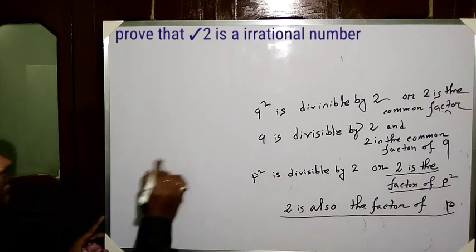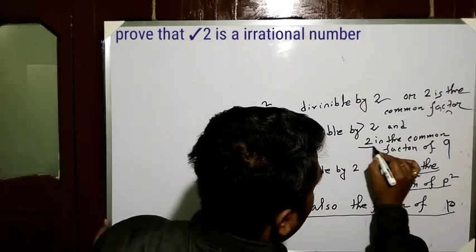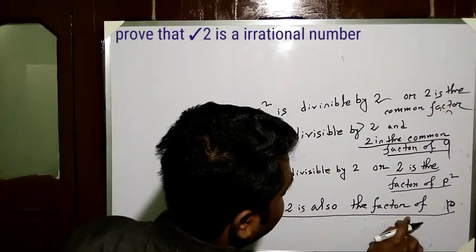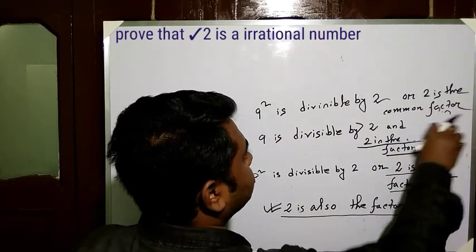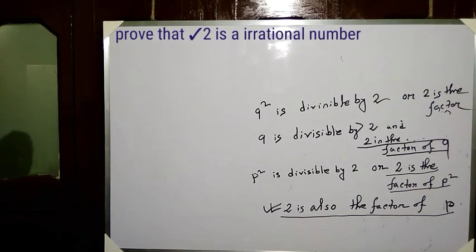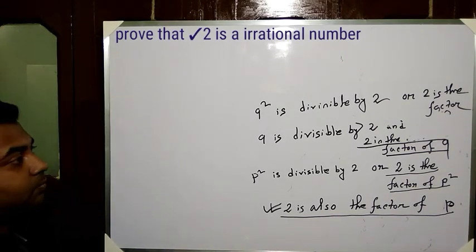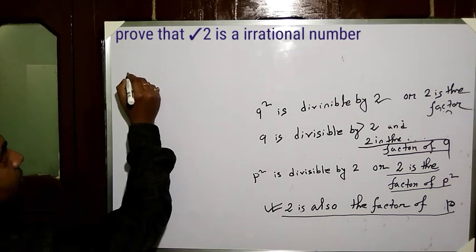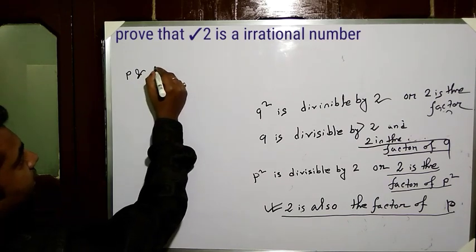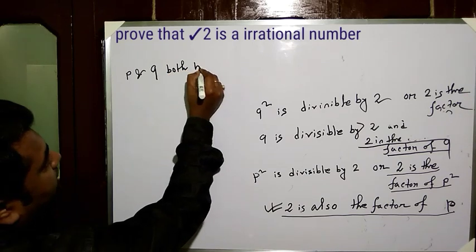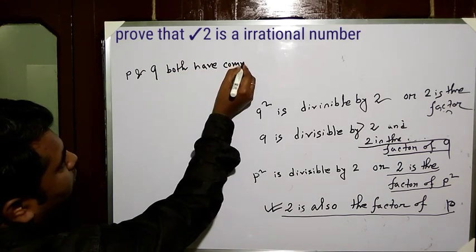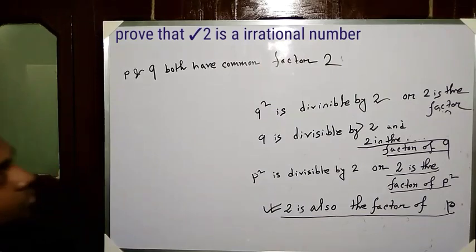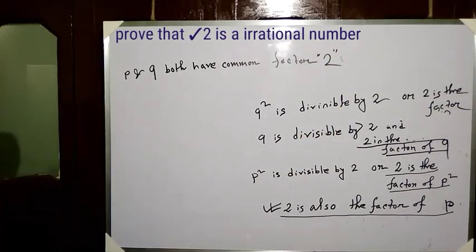See, what is the conclusion? 2 is a factor of q, and here 2 is also a factor of p. So p and q both have common factor 2.